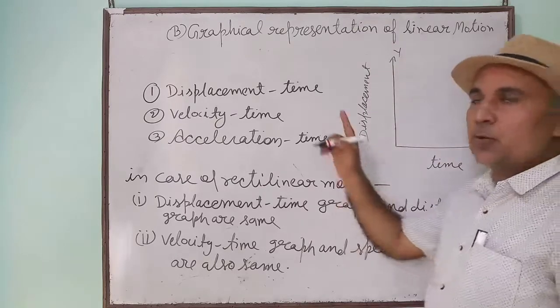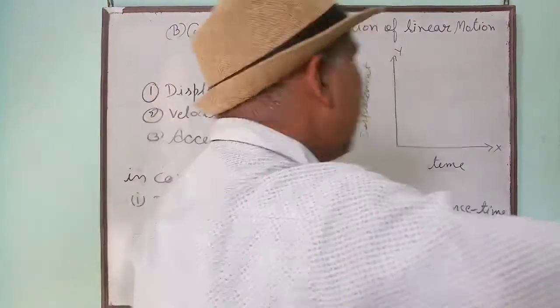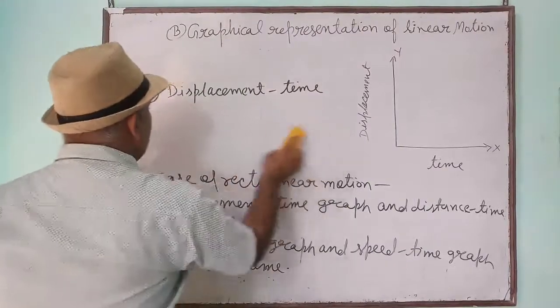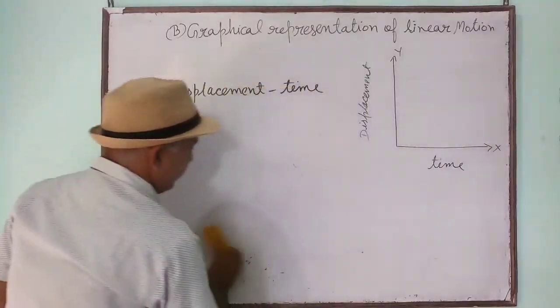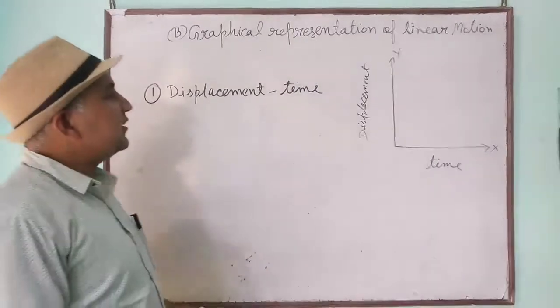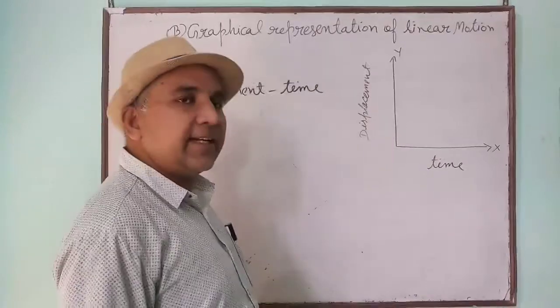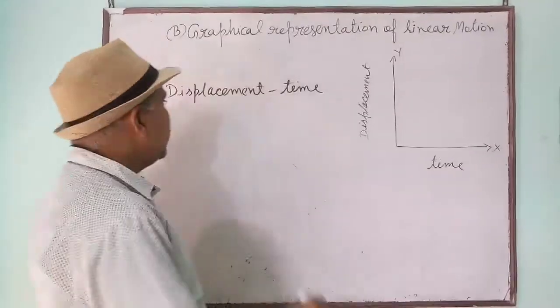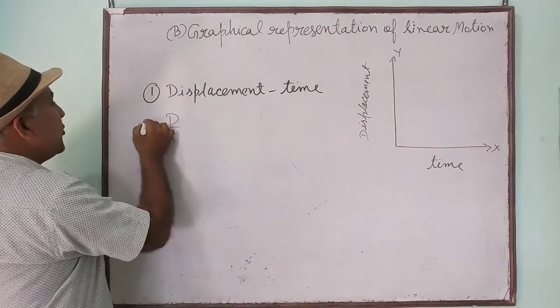So first we are going to study displacement time graph. See children, when we are denoting the graph, time we will take on x-axis and displacement we will take on y-axis. We know that velocity is equal to displacement upon time.